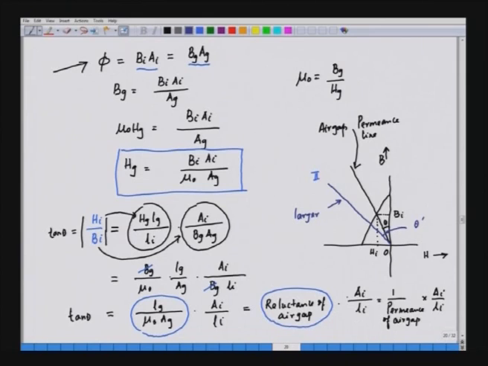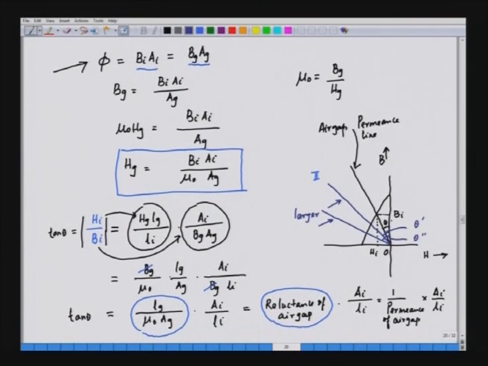For a still larger air gap, I will have a still larger value of theta, which I can call theta double prime. So, if I increase the air gap, this line will shift in such a fashion that theta will be more and more.